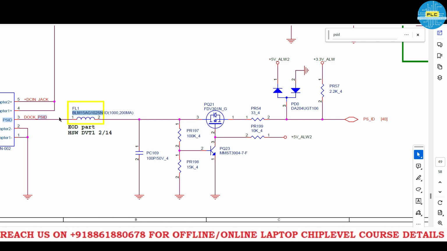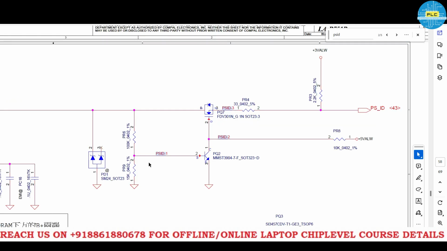The protection was here in the present schematic, and in the previous one it's here. It has driven through 5 volts always. See, now in Alienware, here is the protection diode and here nothing, and the circuit 2.2, and here the MOSFET and transistors are the same.